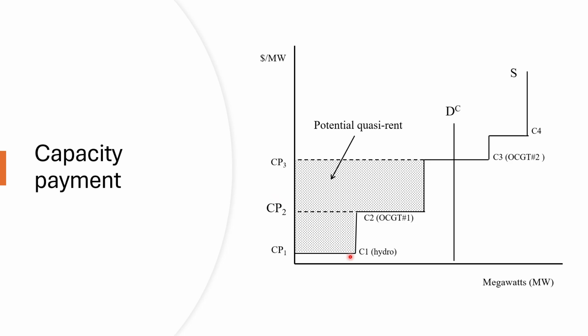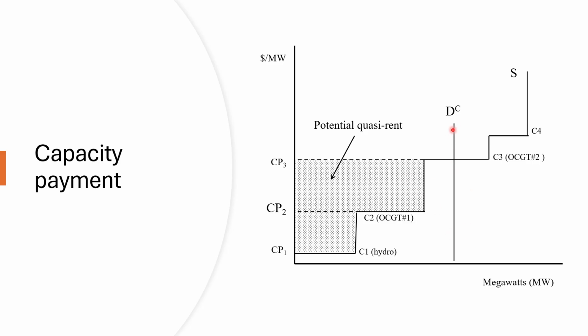A hydro facility would bid in for capacity payment 1. An open cycle gas turbine might be willing to come in, but needs to be paid in order to build the plant. And we may have some other gas plant as well.